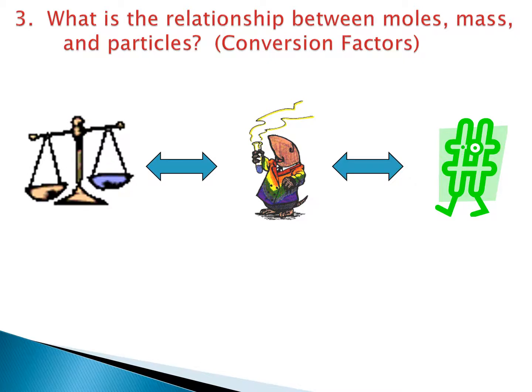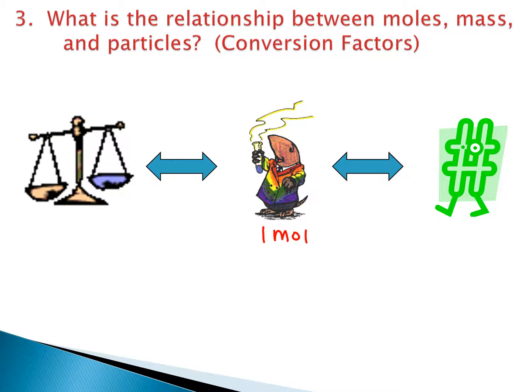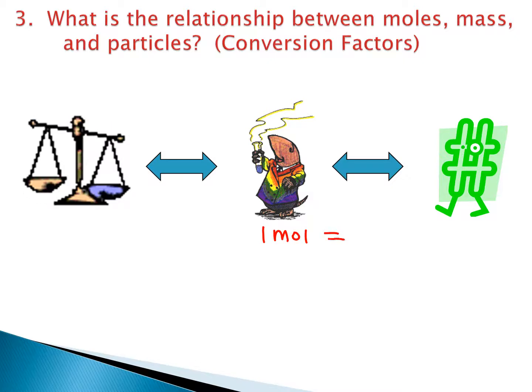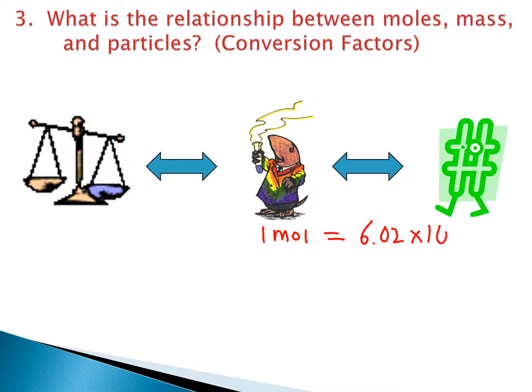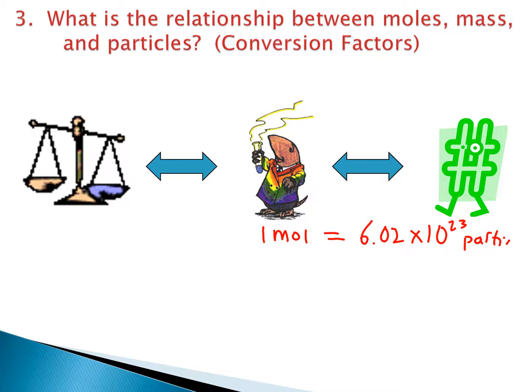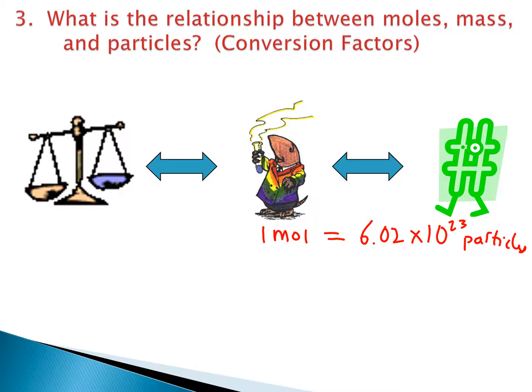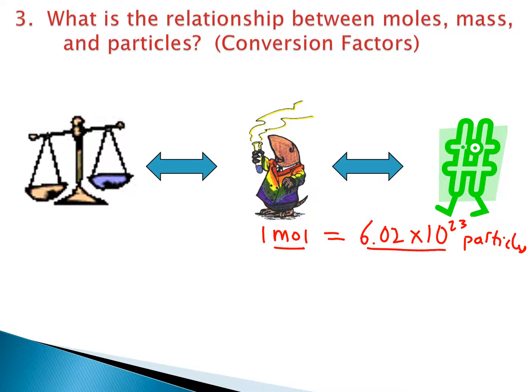All right, so I know that 1 mole of any substance will have 6.02 times 10 to the 23rd particles in it. So what we have here is a conversion factor that we can use to convert the number of moles to the number of particles.